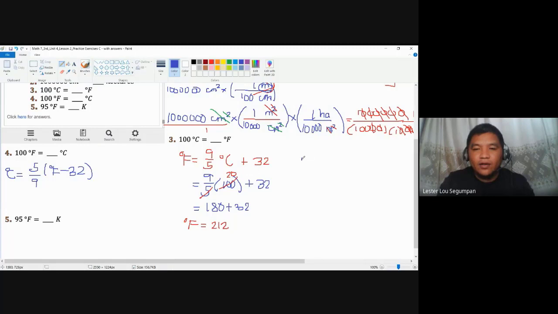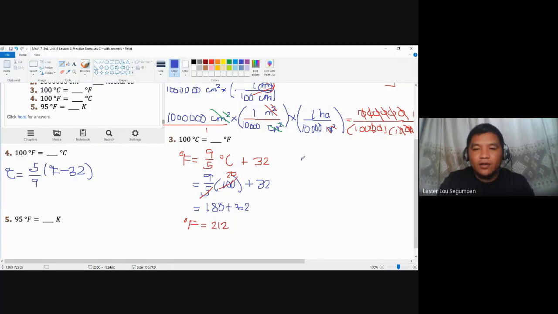What we have is the relationship between degree Fahrenheit to Celsius, like in number 4, and then Celsius to Kelvin. For Kelvin scale, it's degrees Celsius plus 273.15. So first, let's convert 95 degrees Fahrenheit to Celsius before we move to Kelvin, using the formula in number 4.